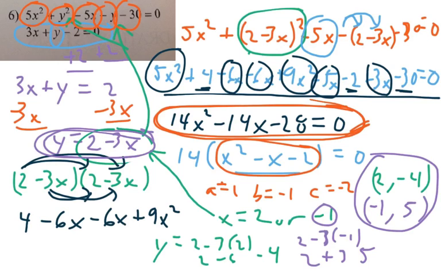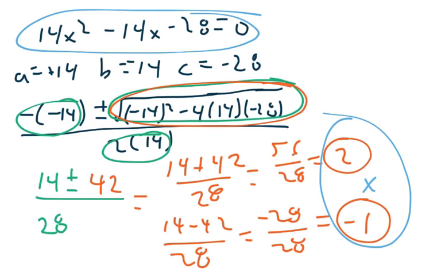Okay, and now just for one bit of clarification. Sorry about the fire alarm going off, guys, but in conclusion to this video, I just want to clarify our answers. Okay, so again, we ended up with two answers, 2, negative 4, and negative 1, 5, correct? So let's look at the graph of these two equations.